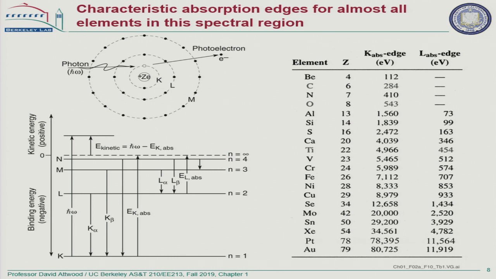So to ionize them, you need a photon with at least that amount of energy. The point of this table is that a lot of these are in the X-ray or the soft X-ray regime. So to ionize these atoms, either from the K edge or the L edge, a lot of the time would require X-rays or soft X-rays or EUV.